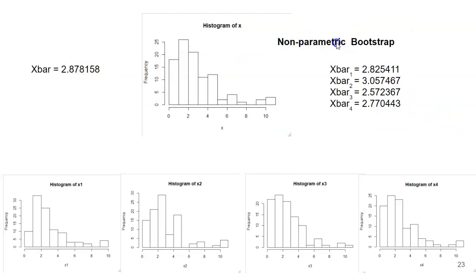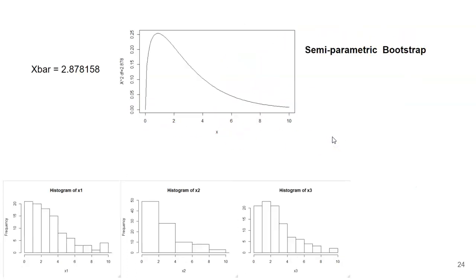This is non-parametric. We actually pulled data points out of the pool of data sets. You could go to a semi-parametric where the data helps you find, for example, in this case, the mean, and this looks kind of chi-squared-ish, so we're going to give it a chi-squared with that mean that matches the data.